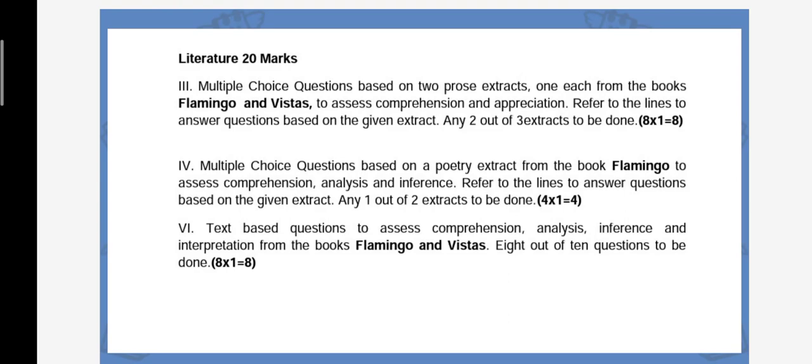The sixth question in Part A is the text-based questions to assess comprehension, analysis, inference, and interpretation from the books Flamingo and Vistas. 10 questions will be given, 8 has to be answered. Each question carries 1 mark. Total marks allotted for this question is 8.